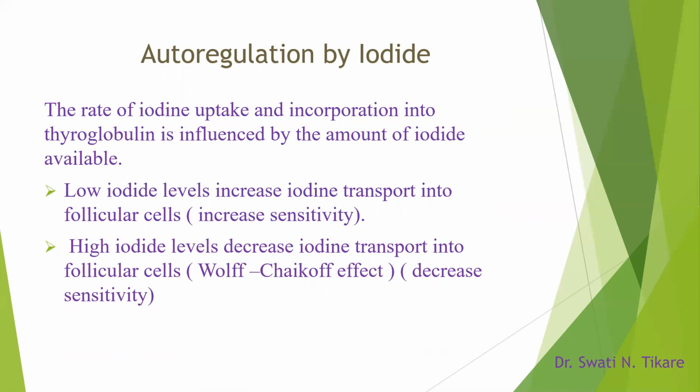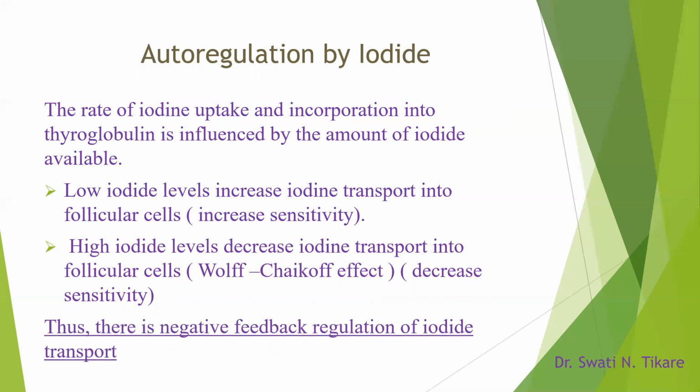This is called the Wolff-Chaikoff effect, which means there is decreased sensitivity. It's a very simple process: whenever more is available, it reduces, and when less is available, it increases, so that an optimum amount of iodide enters the thyroid follicles. So there is a negative feedback regulation of iodide transport.